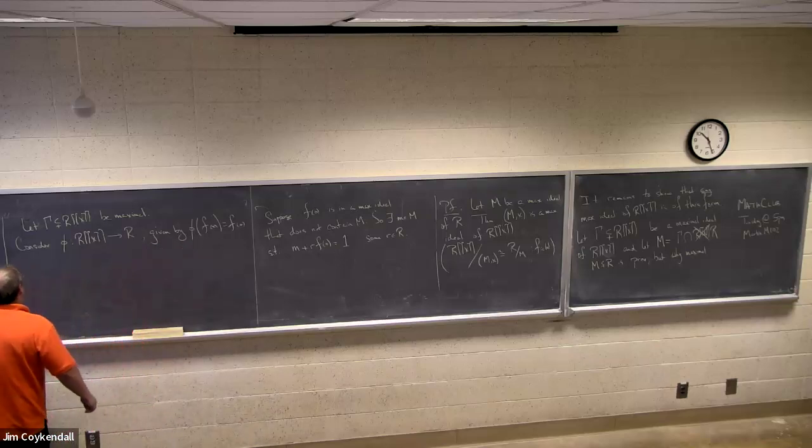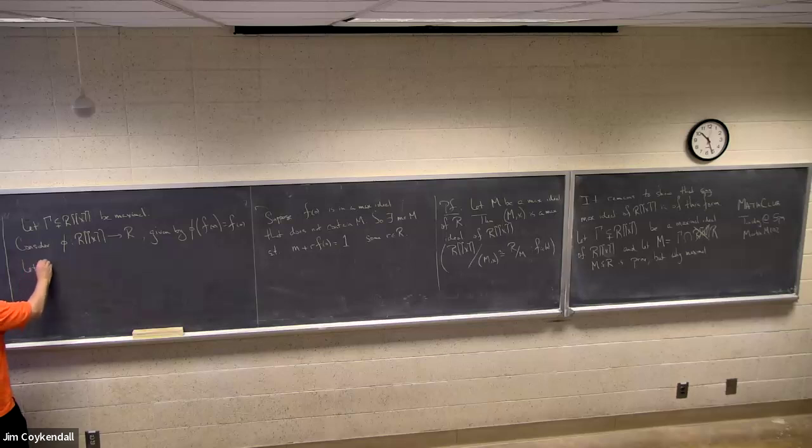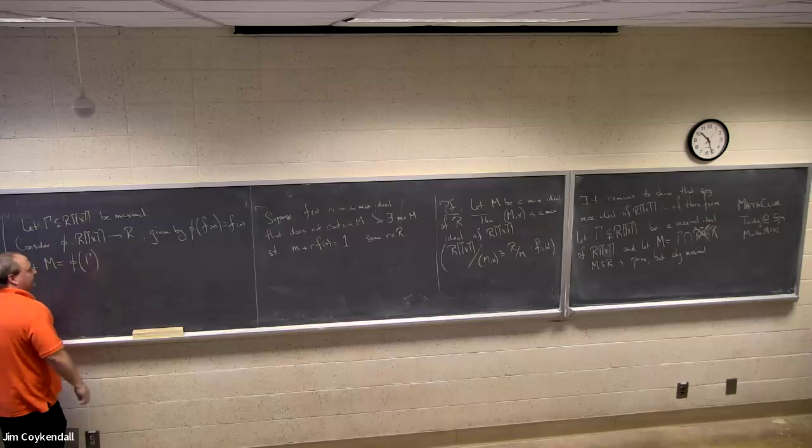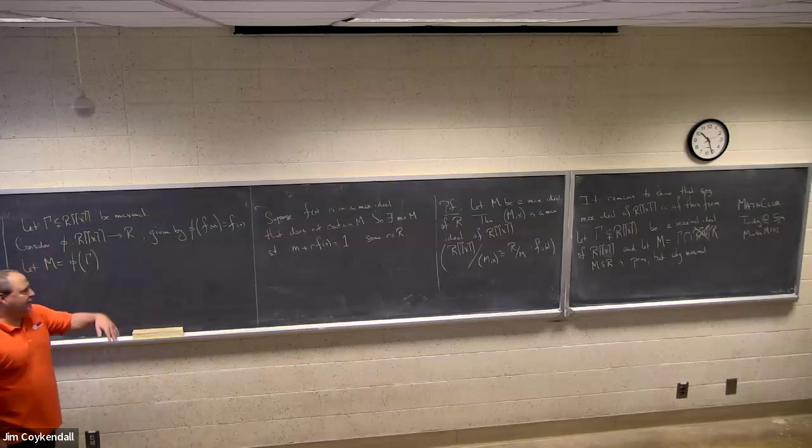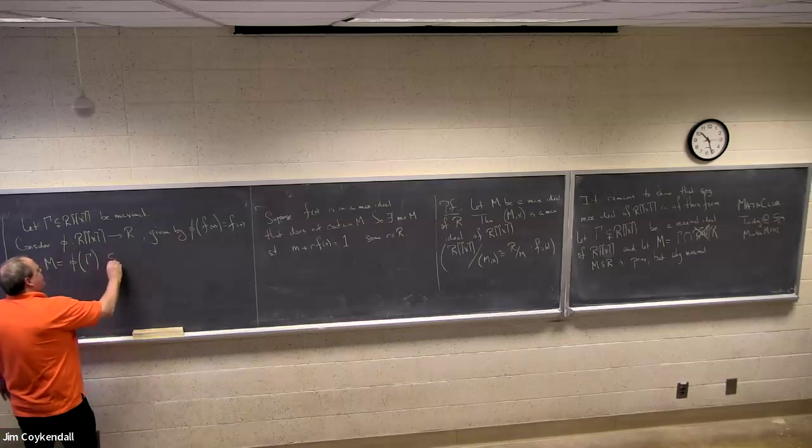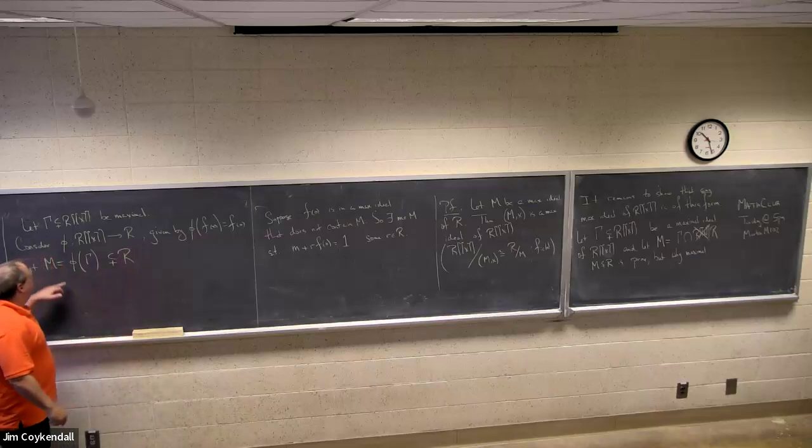Let M equal the image of gamma. Okay, this will be easier. We can get around it this way, but it is a little convoluted and confusing. My first claim is M is actually a proper ideal.